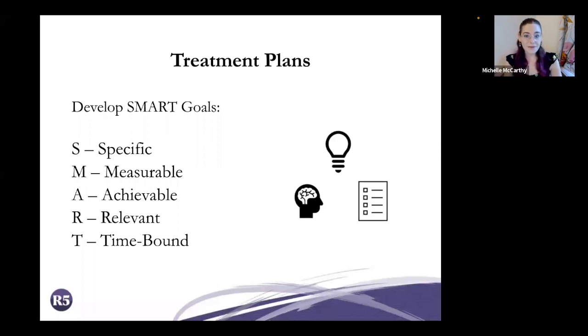Goals are the big picture, overarching idea of what the client came to you to get help with. Susie says, I really want to feel less unhappy.